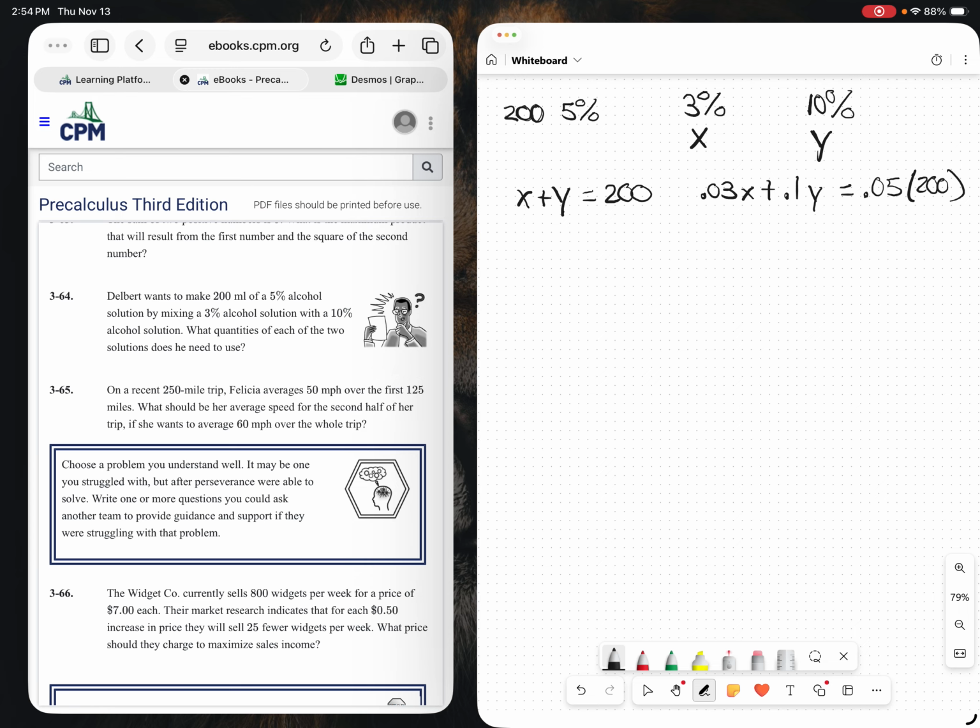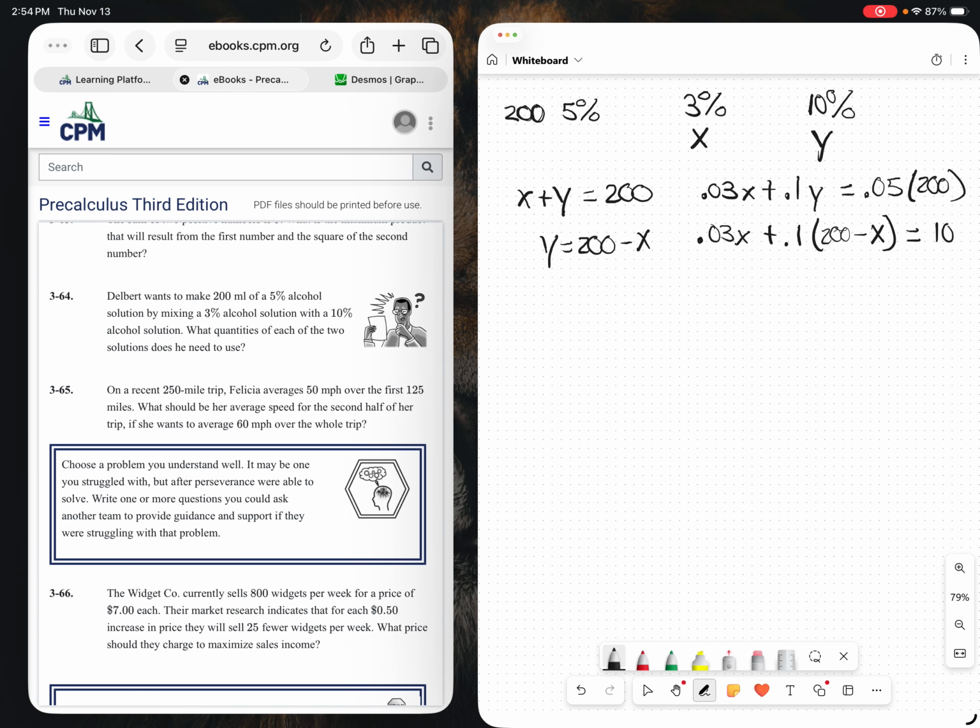So again, most of us would do that by substitution, right? So we would say y equals 200 minus x. We would plug in. So 0.03x plus 0.1 times (200 minus x) equals 10, because 0.05 of 200 is 10.